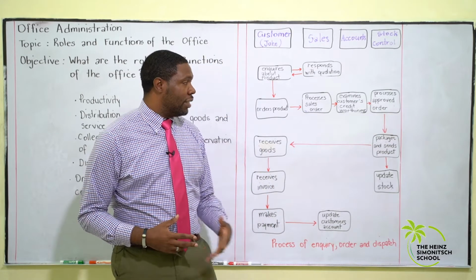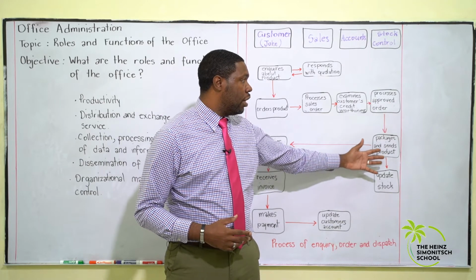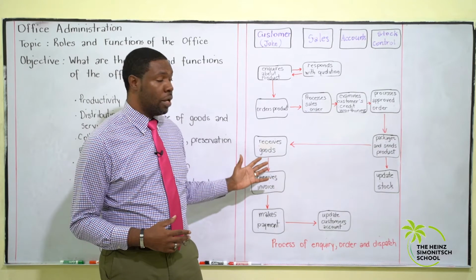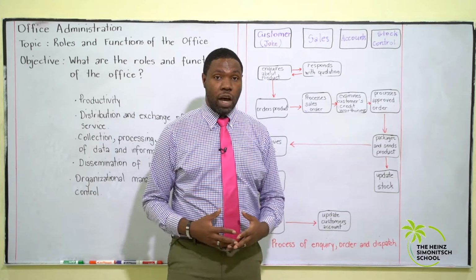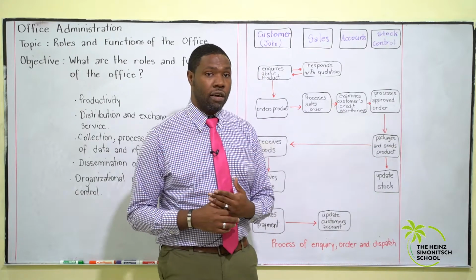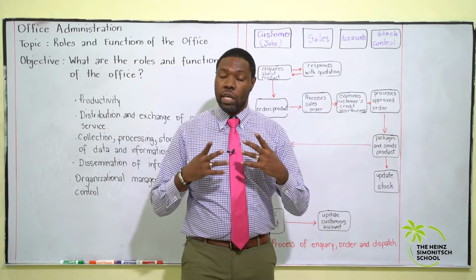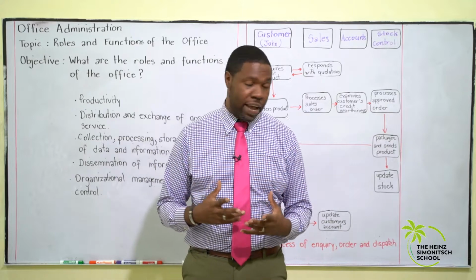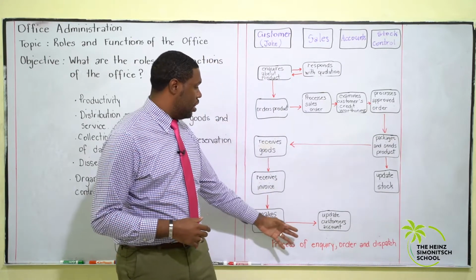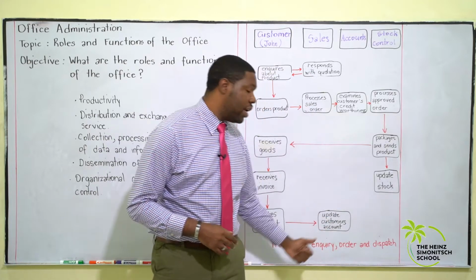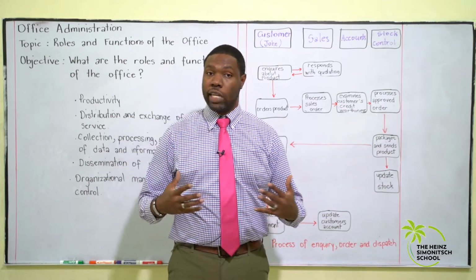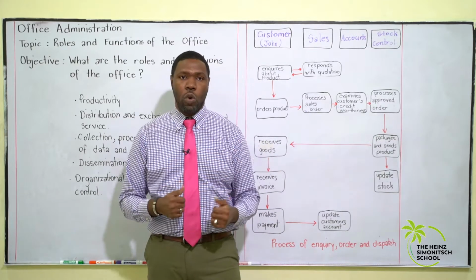Now, you will realize that after the stock control department sends the product to John, they then update the stock, right? So this is how information has to be processed in order to make sure that the company is operating effectively or efficiently. Once that is done, the accounts department will then update the customer's account and keep that information, which can be produced at a later date if required.